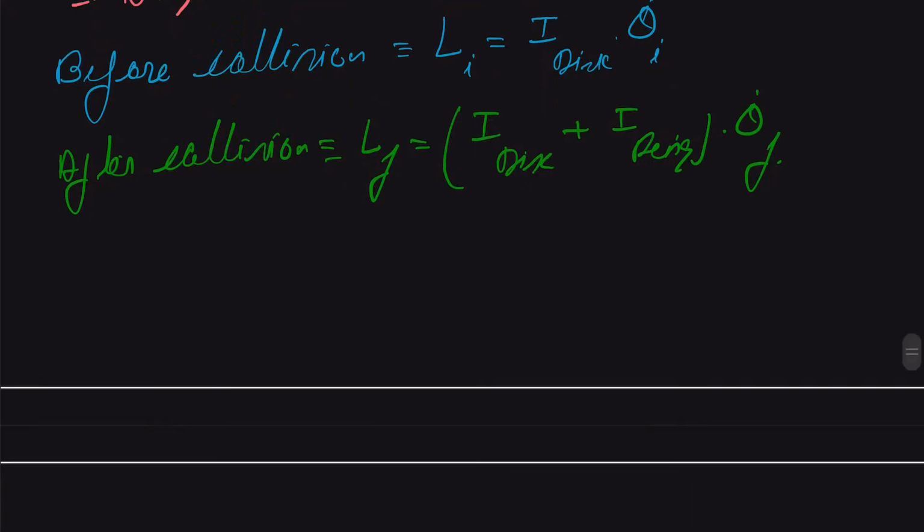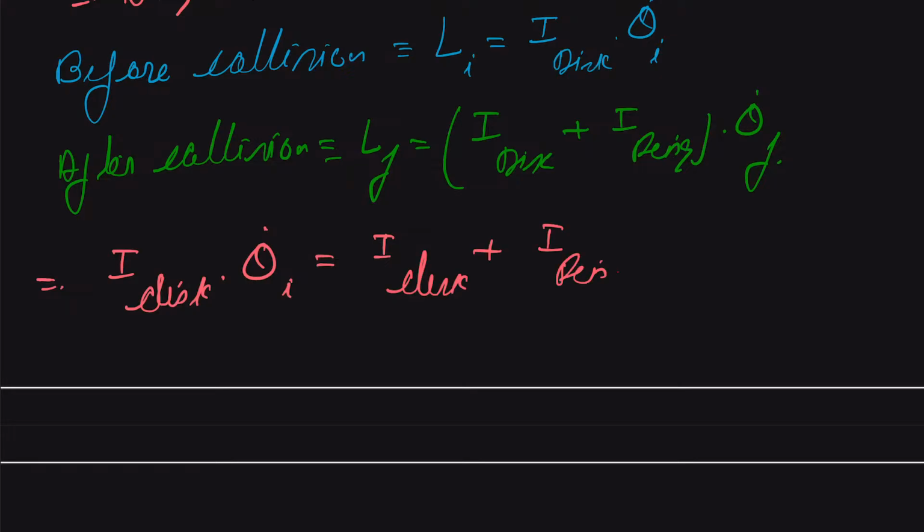And simply equate them. So we get I of disk times theta prime initial equals I of disk plus I of ring times theta prime final, which is nothing but angular velocity.